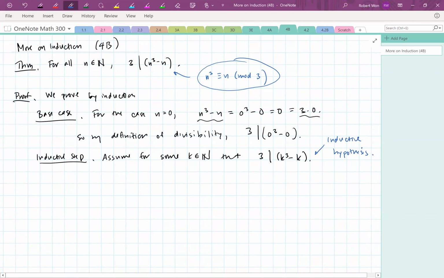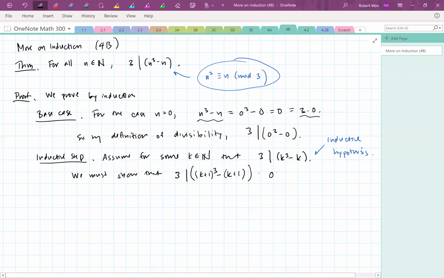Since we're doing a proof by induction, we must show that 3 divides k plus 1 cubed minus k plus 1. That's the k plus first case.